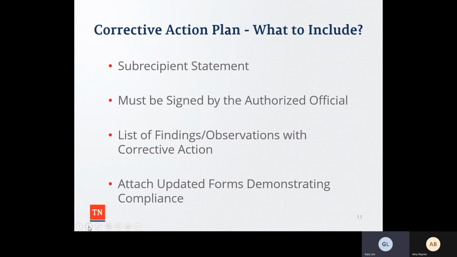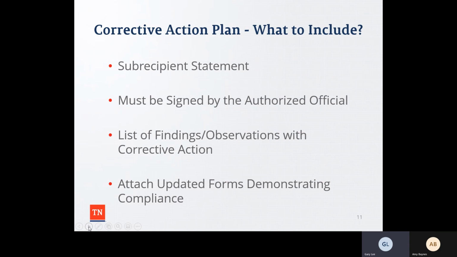Corrective action plan. What to include? Corrective action plans, also referred to as a CAP, should include a statement of whether the subrecipient agrees with the findings or not. Please note that the CAP must be signed by the authorized official.